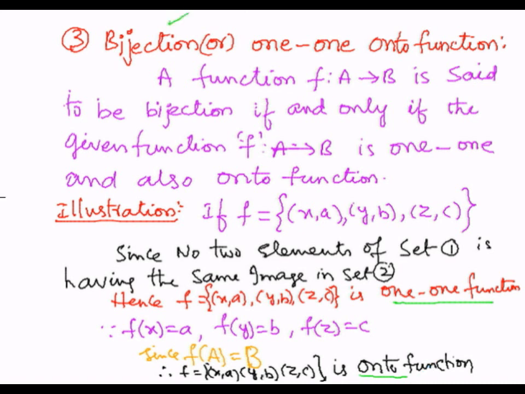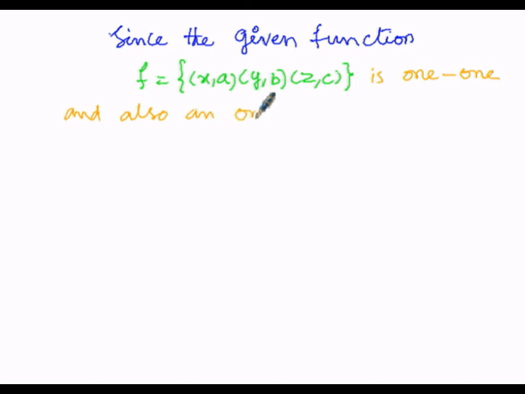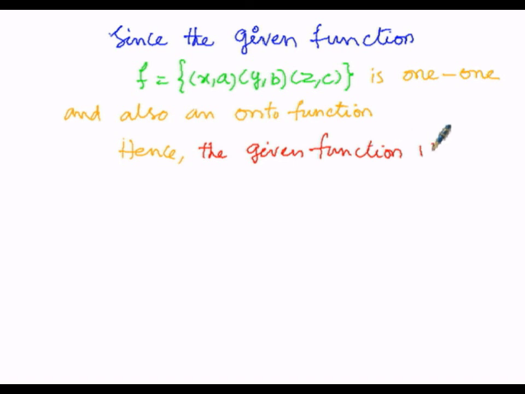So the next logical step: since the given function, that is f equals the set consisting of the ordered pairs x comma a, y comma b and z comma c, is one to one and also an onto function, hence the given function is said to be a bijection.